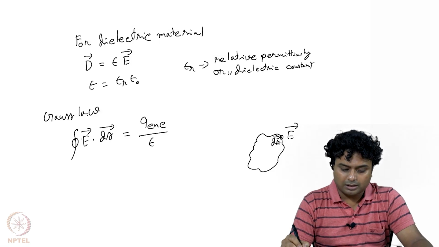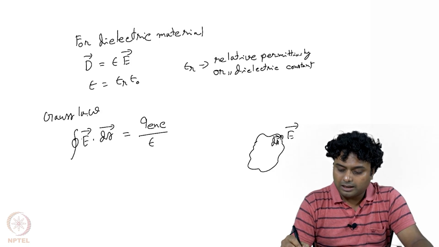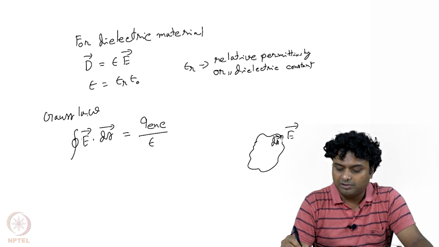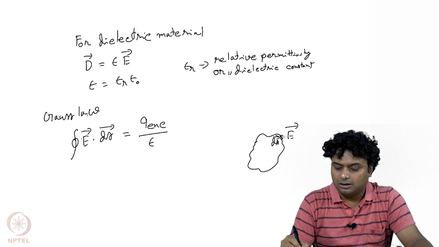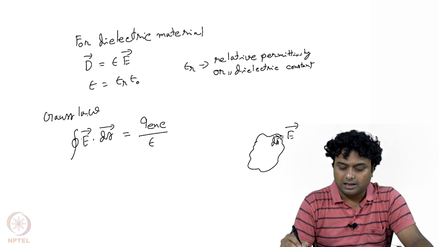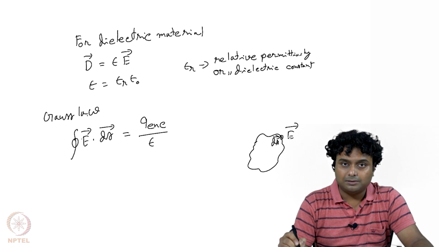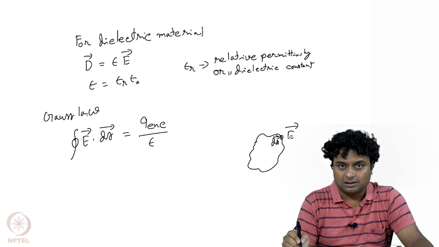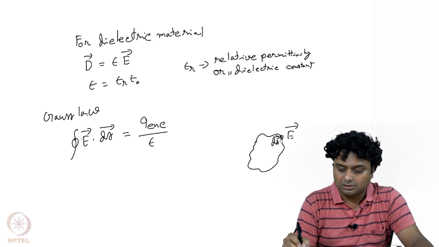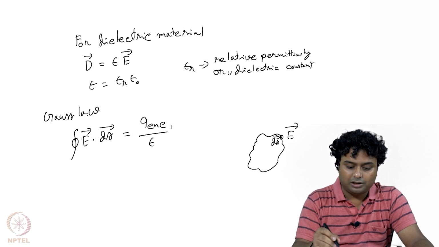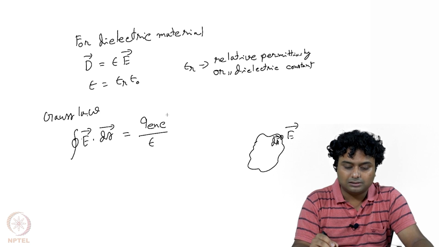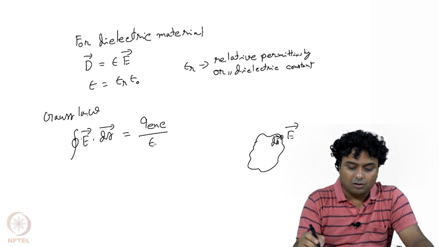As I was saying, at every small elemental area we have an electric field, and if we take a dot product of the surface vector and the electric field, then E dot ds is the flux through that small area. If we integrate over the flux, then we get the charge enclosed divided by epsilon. So this is Gauss law.